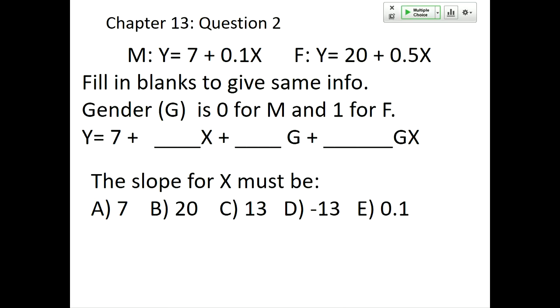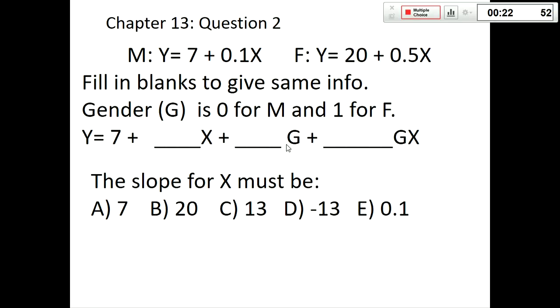Now let's do the next one. Now we've got the 7 in there, and I want to know what the slope for this x must be. Fit it to males first. When you have males, these two parts just disappear. So you just want to fit it to the male equation.